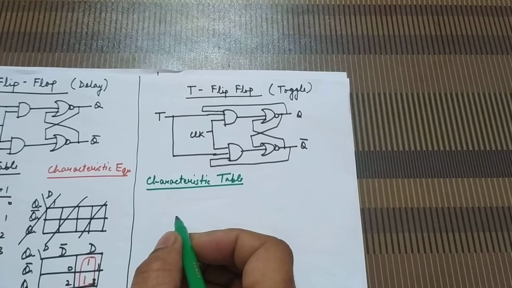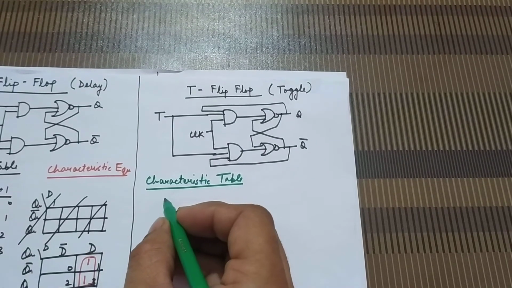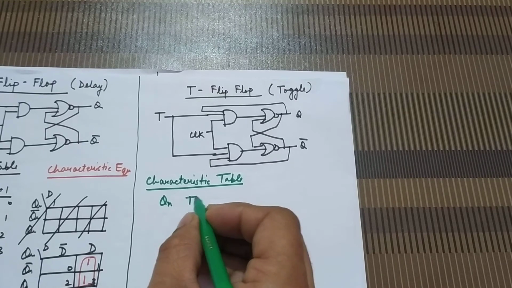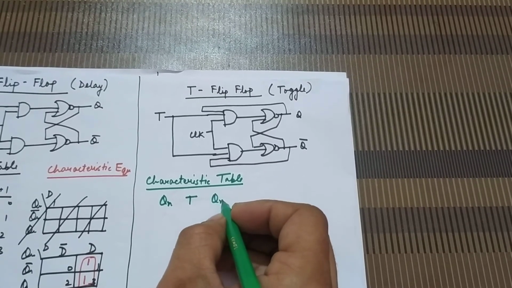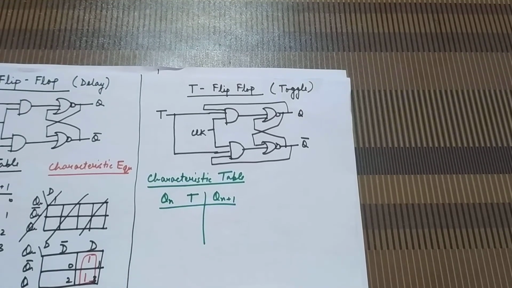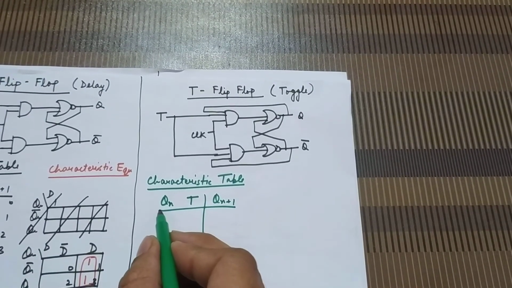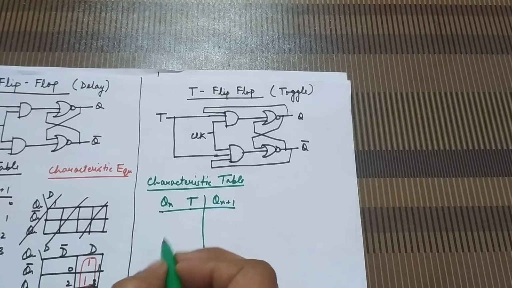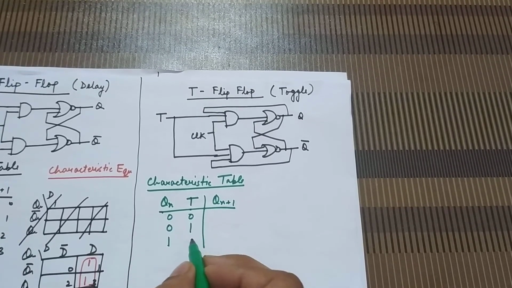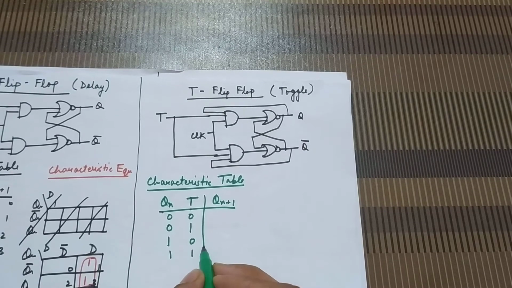In the characteristic table, again we have the present state Qn, the T input, and the next state. If you have two inputs, the combinations will be four: 0 0, 0 1, 1 0 and 1 1.